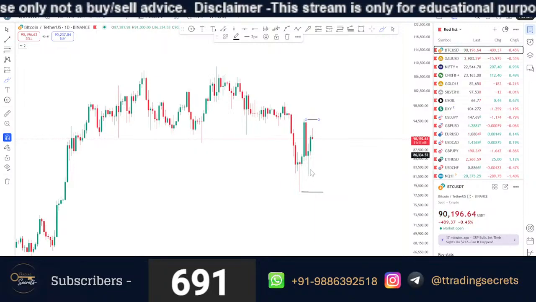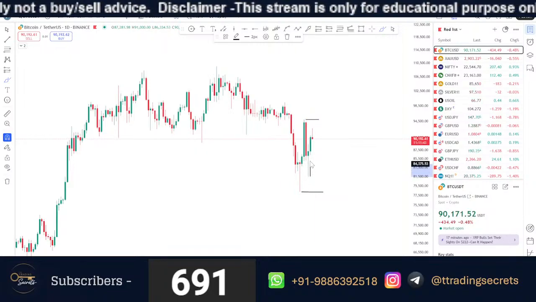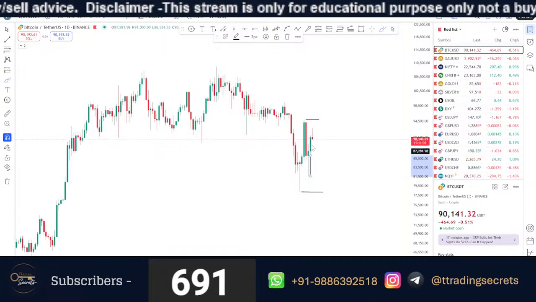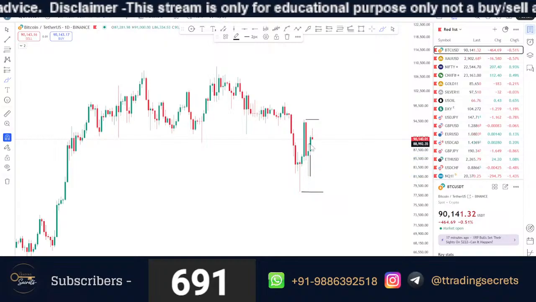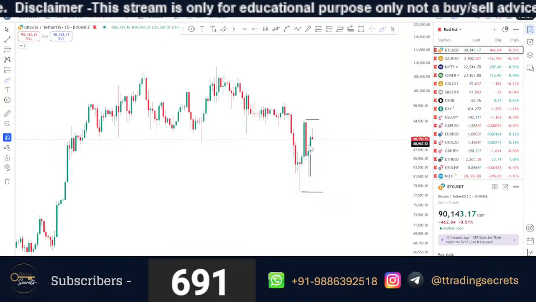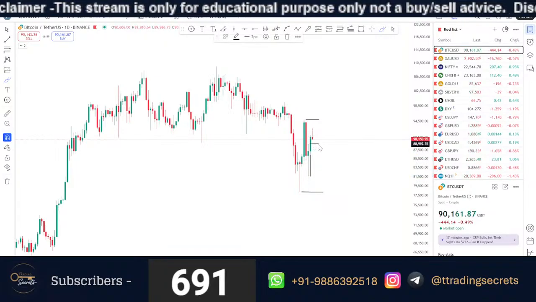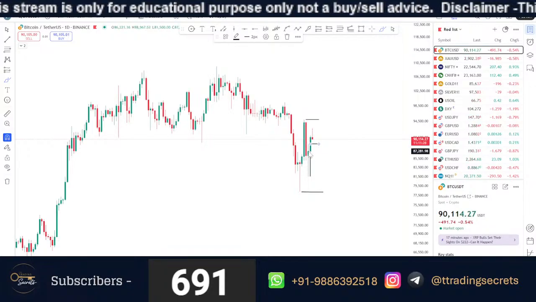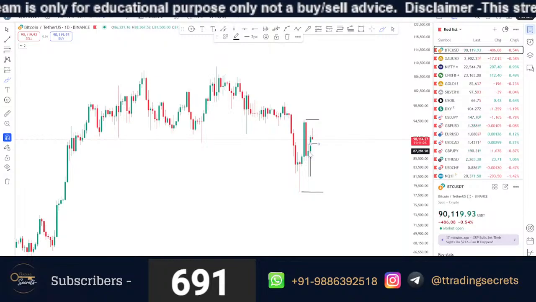Volume कहाँ पे build होगा? In this candle also the buyers are only strong, but इस candle अगर हमें closing इसके नीचे आती है below this wick, right? The market will continue the zone till this body, which is 87 to 81.